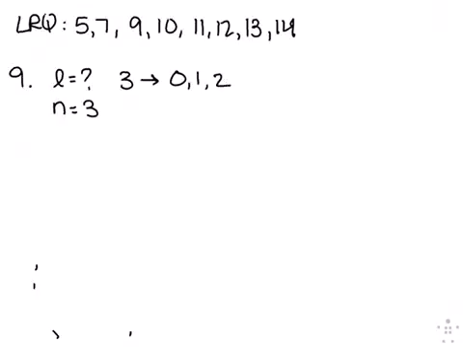And then, which sublevel does each of those L values represent? When we see a 0, we know that represents the S sublevel. 1 represents the P sublevel, and when L equals 2, it will be the D sublevel.